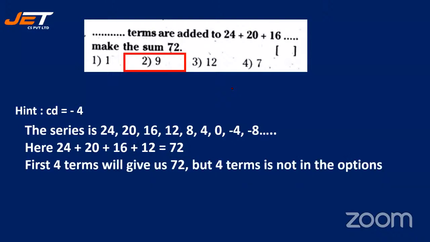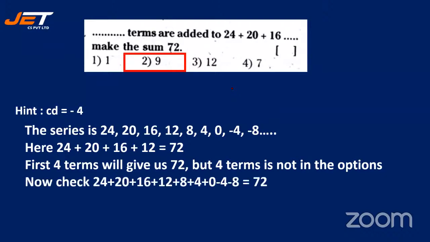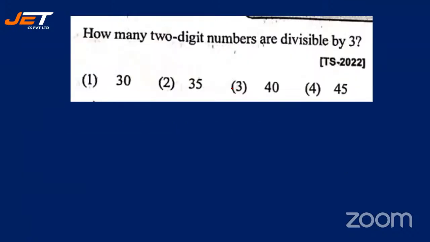So the first 4 terms will give us 72, but 4 terms is not in the option. So now you check 24 plus 20 plus 16 plus 12 plus 8 plus 4 plus 0 minus 4 minus 8 is 72. Therefore, just count the numbers. You will get the sum of 9 terms will give you 72. All right. Yes, good. Let's move on to the next question.